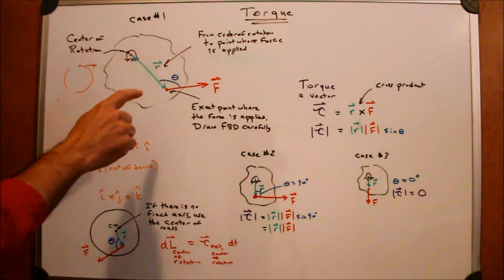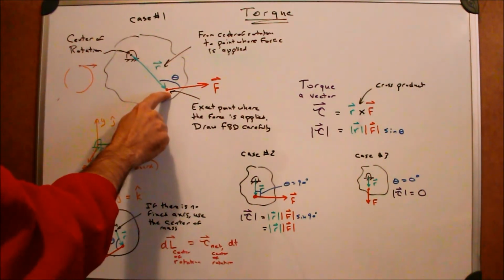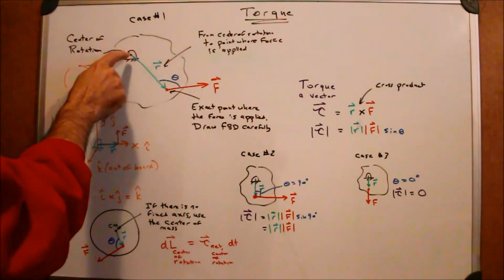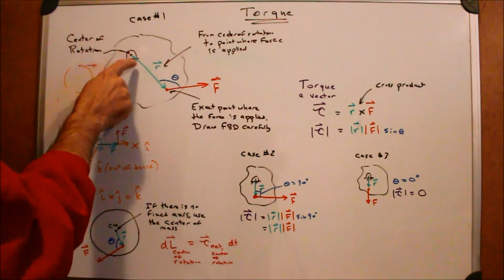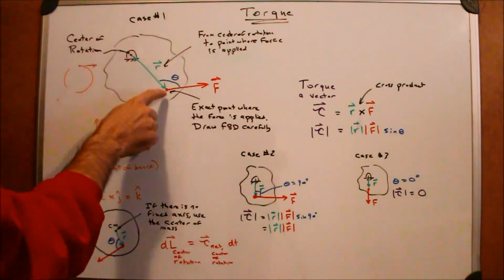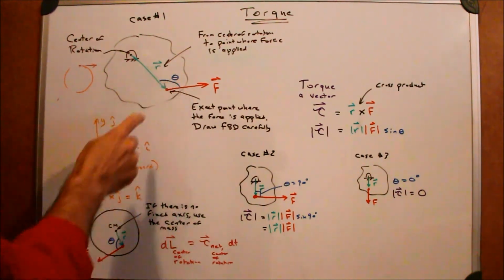So just remember, put the force exactly where it's acting, and then draw R from the center of rotation, whatever that is, to that exact point, and define theta that way.